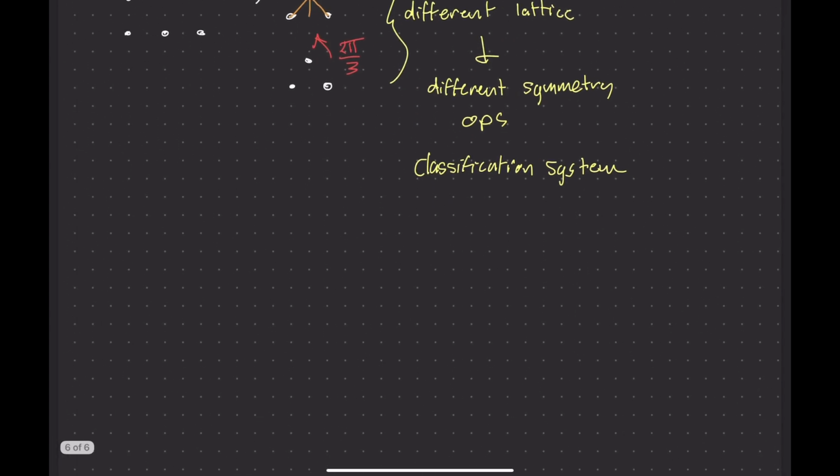Now that I've provided a brief introduction to some of the reasons that we're interested in these symmetries, I want to nail down a little bit more the specific definition of what is a symmetry, and specifically, a group of symmetry operations.